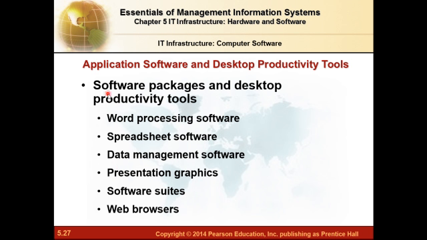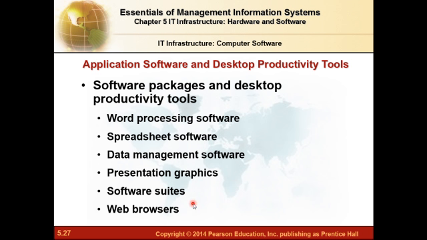The next one is software packages and desktop productivity tools such as word processing software, spreadsheet software, data management software, presentation graphics, software suites, and also web browsers. Word processing software, do you know Word? Spreadsheet software like Excel, data management software like Access, presentation graphics like PowerPoint. All these are from Microsoft. We also have other software provided by other companies.